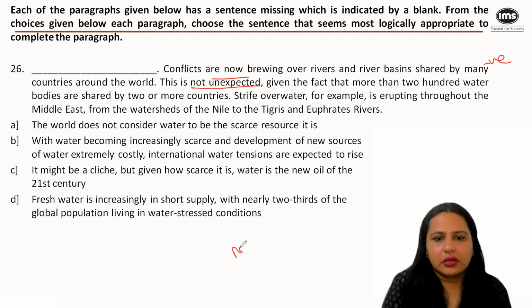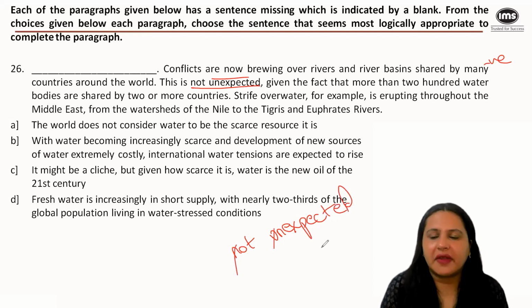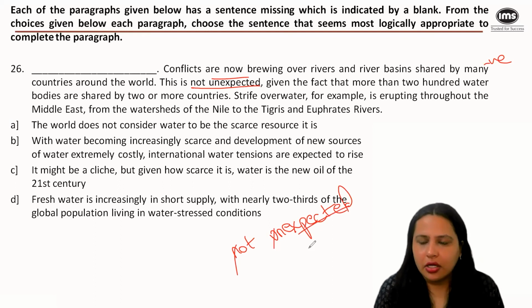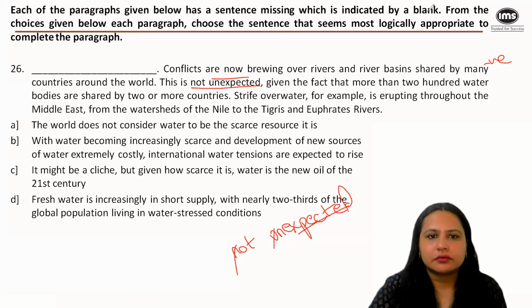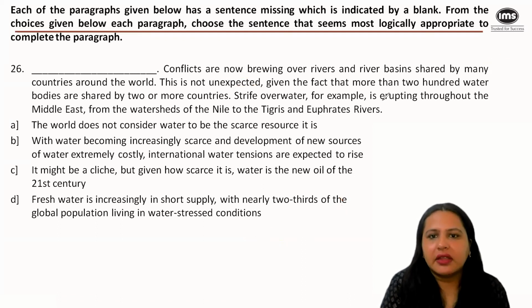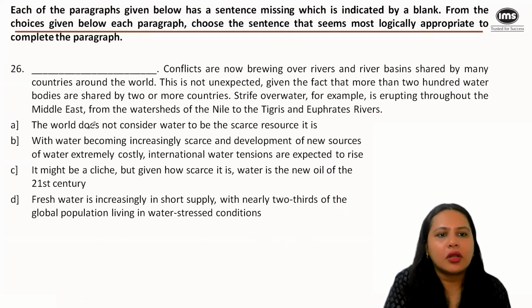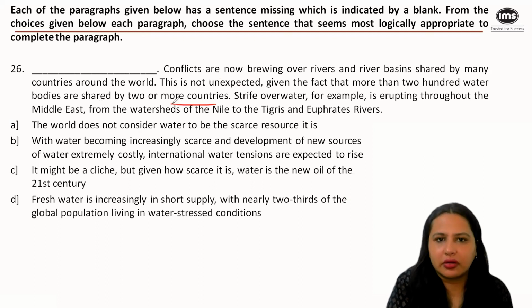Now see, use of double negative, not unexpected. So the not and the un get cancelled and it becomes expected. So if I say something is not rare, then it is something which is frequent, right? This is not unexpected given the fact that more than 200 water bodies are shared by 2 or more countries.